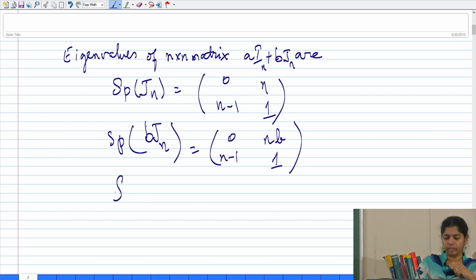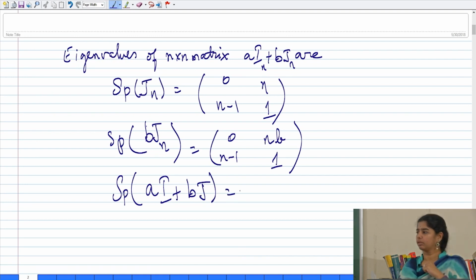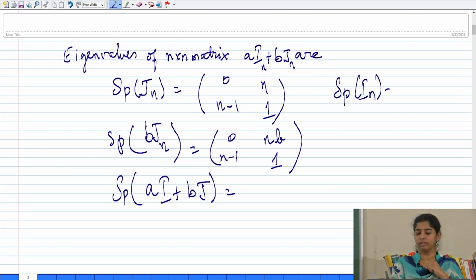Now what about the spectrum of A times I plus B times J? What is the spectrum of In? It is 1, n times.